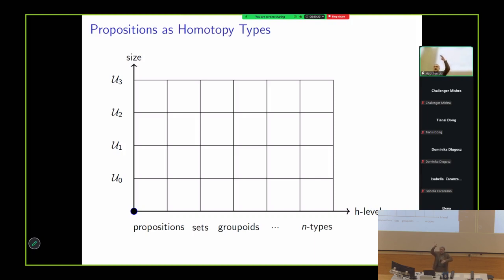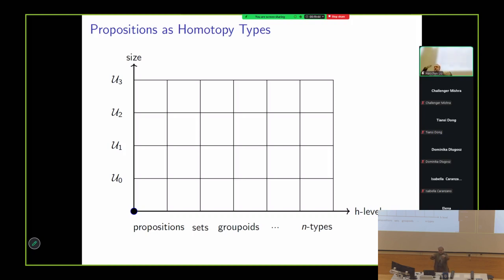That's a familiar idea. But now in type theory, what we realize is that stratification is only one dimension of a two-dimensional structure, and the other dimension, which is independent of size, is homotopical structure, where at the bottom you have the propositions, yes or no, no more data. Then the sets.